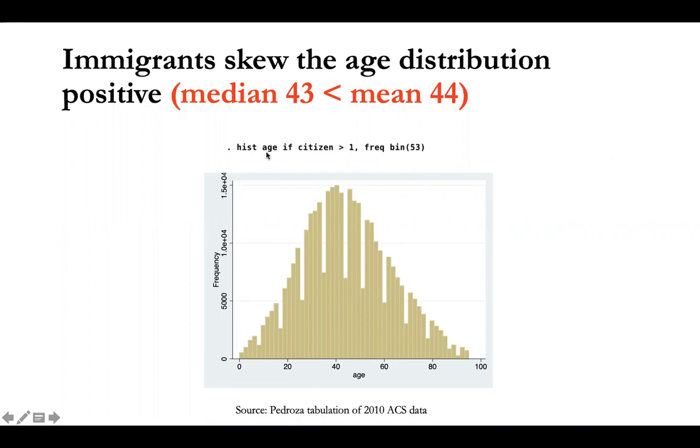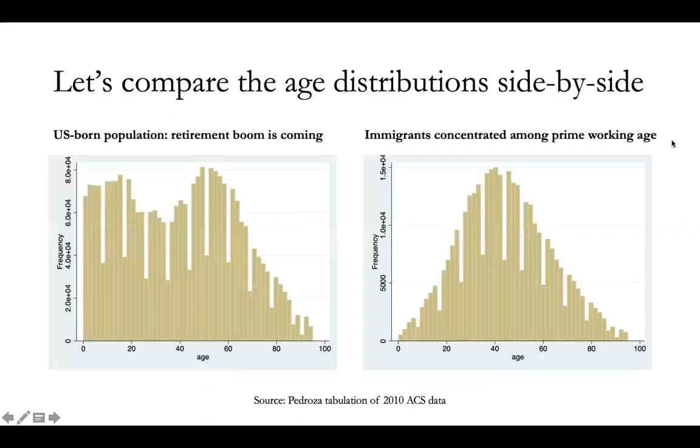Here we've done a histogram for age, but only if your citizenship status is greater than 1. If you look at them side by side, now you can see the skew. Among the US born, you have a lot of older people, including people past prime working age. On the right, you have immigrants who are heavily concentrated among prime working age and young people.